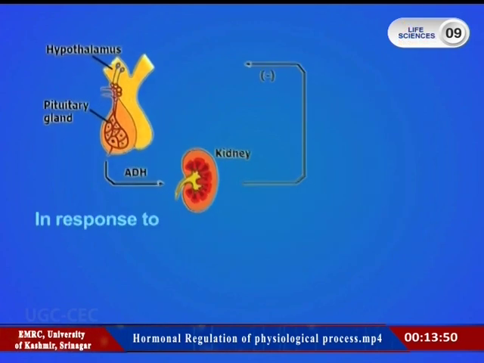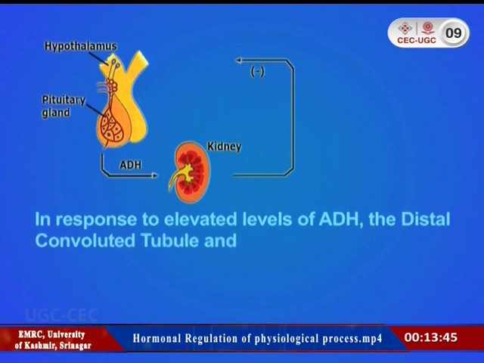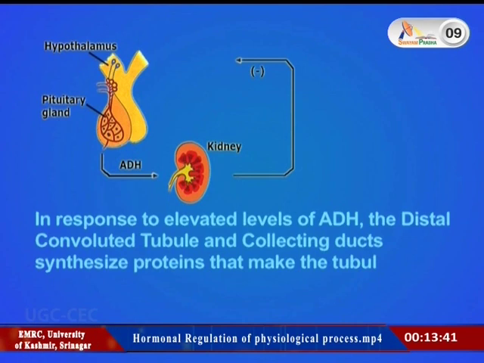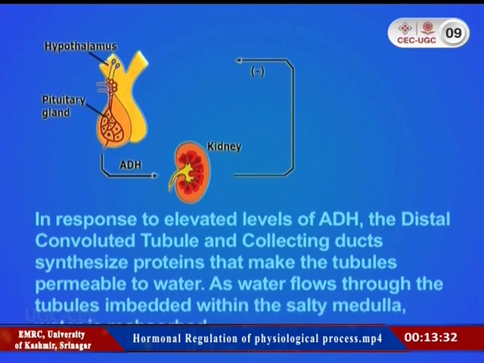In response to elevated levels of ADH, the distal convoluted tubule and collecting ducts synthesize proteins that make the tubules permeable to water. As water flows through the tubules embedded within the salty medulla, water is reabsorbed by osmosis.